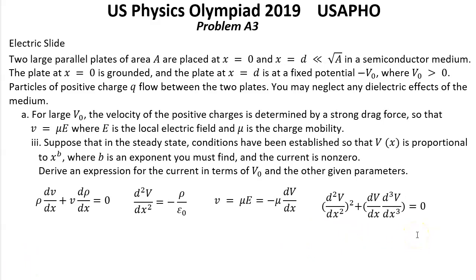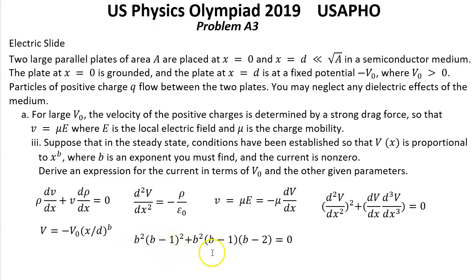Because we know that V of x is proportional to x to the power b, and the total potential difference is V0, we have V equals negative V0 multiplied by x over d to the power b, and we can put this expression in our differential equation. Finally we have this equation to find b.